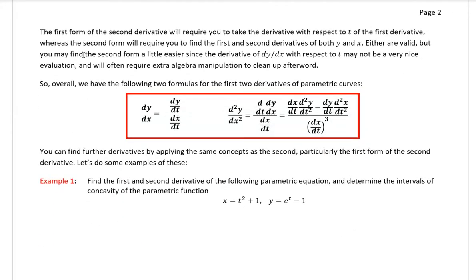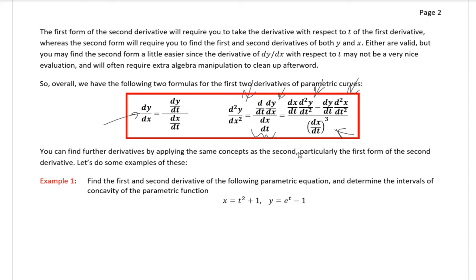So that's what I was talking about here, that we have the two different forms, and overall, these are the two derivatives we've discussed up to this point. The first derivative, dy dx, is dy over dt over dx dt. And then the second derivative, you can either do it in this way by taking the derivative of the first over dx dt, or you can do all the first and second derivatives applied.